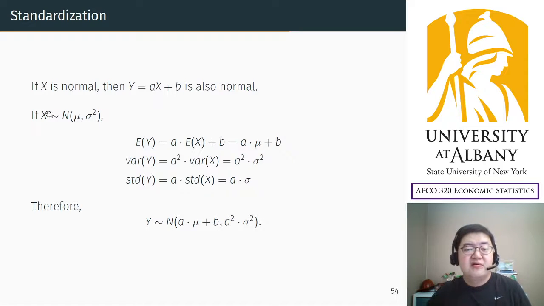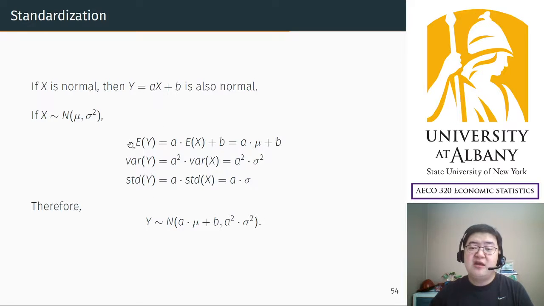Therefore, if the original random variable is normally distributed with parameters mu and sigma squared, so mu is the mean, sigma squared is the variance, which means sigma is the standard deviation. So you may obtain the new random variable's mean, variance, and standard deviation using the formula.